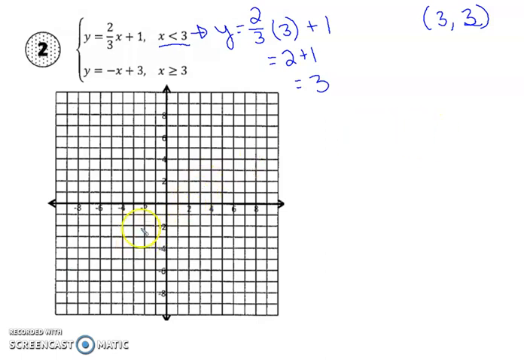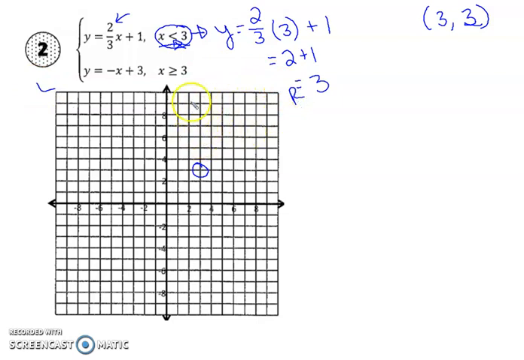If I go to 3, 3, is it an open circle or a closed circle? Open, because this does not have a line underneath it. The other thing I have to ask is my slope is 2/3. So I don't want to go up 2/3, but down 2, backwards 3. Which one's going to give me the side that has x less than 3, the left or the right?